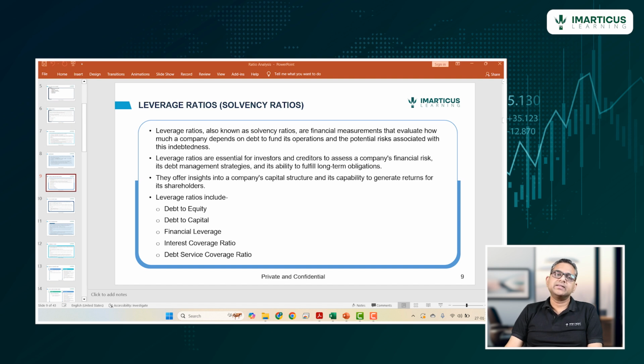But the problem with debt is that you definitely need to pay it down, right? If any company defaults on debt, it would have a significantly bad impact on the reputation of the company. The credit rating agencies would suddenly provide a rating of D for the debt of that company, and obviously the stock price will take a beating if the company defaults on debt.